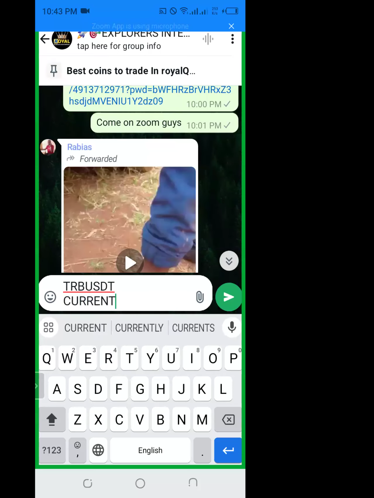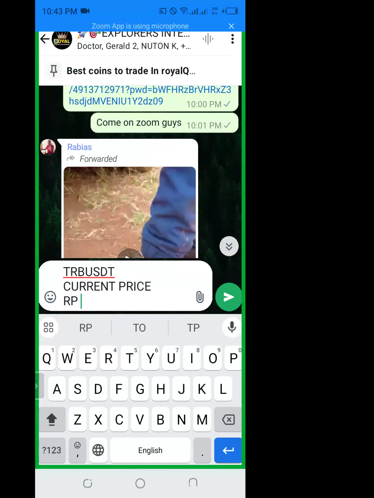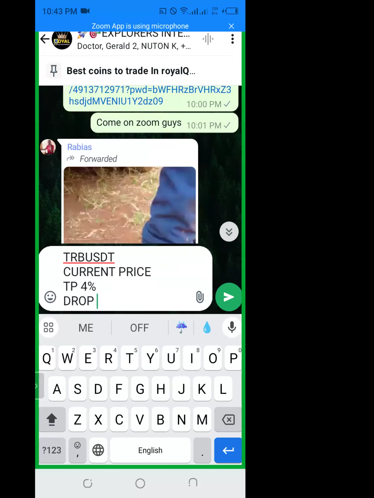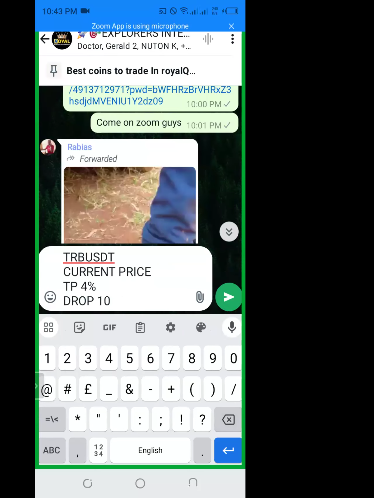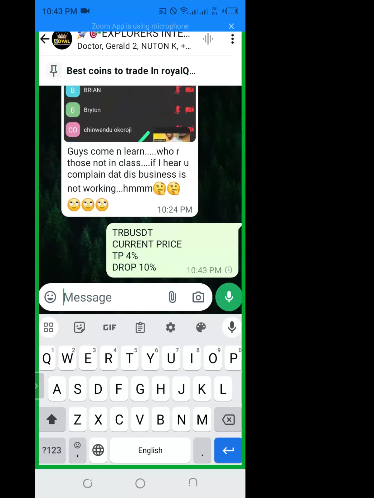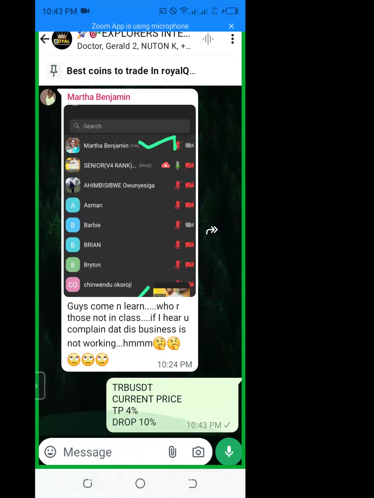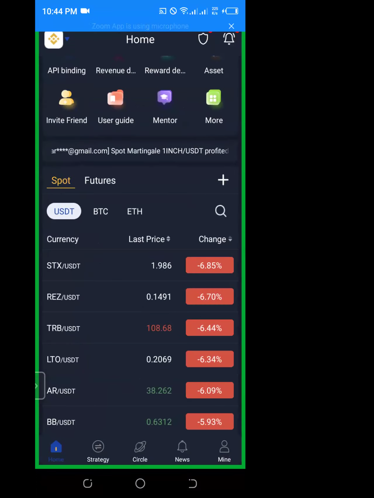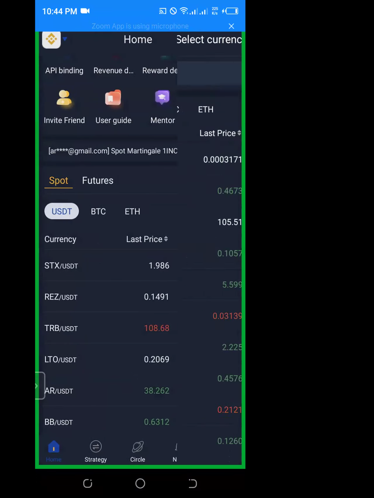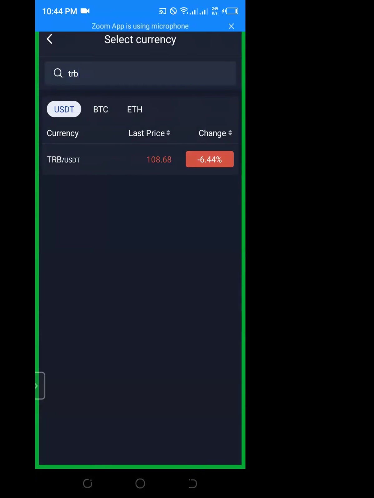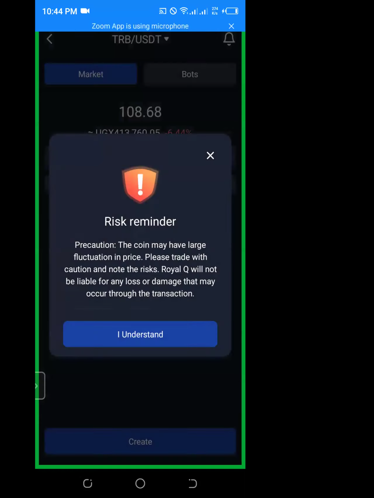Current price. 4% drop. We calculated 10%. You remember? 10%. So now we go back to the bot section here. We look for TRB. TRB is here. We entered at the current price.